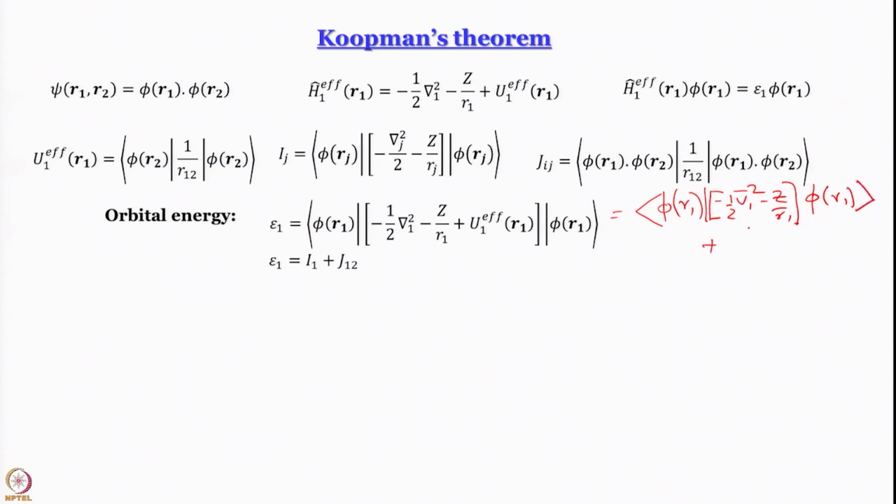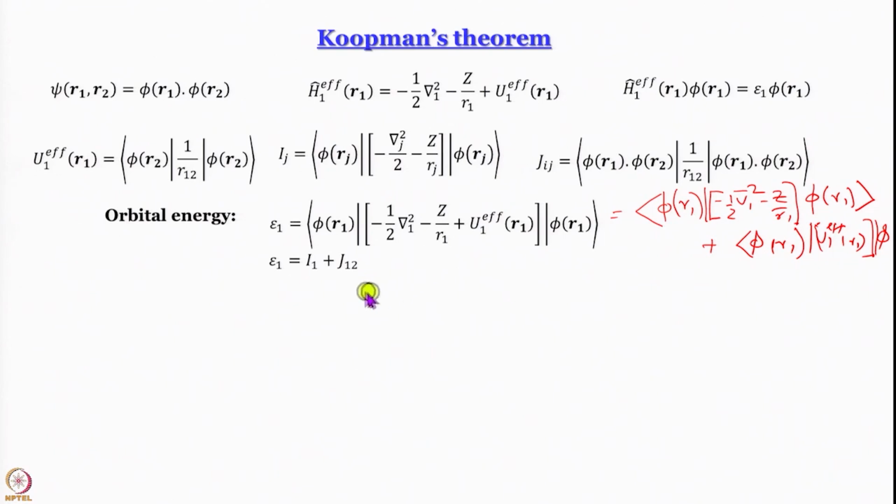The second integral is integral phi of r1 U1 effective of r1. There is no need to write that bracket, phi of r1, something like that. So, essentially you get I1 plus J12.